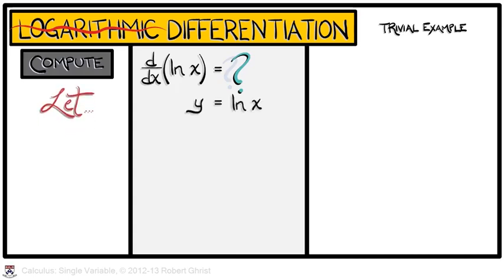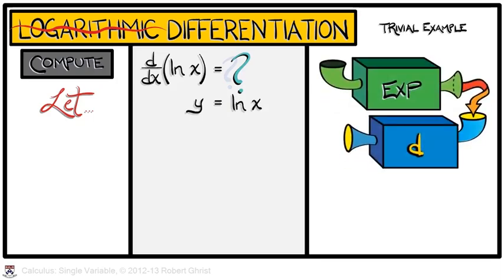We'll let y be equal to log of x, and now, how do we simplify this? Well, we can apply the exponentiation operator and then apply the differentiation operator. So exponentiating this equation gives e to the y equals e to the log of x, that is, x.